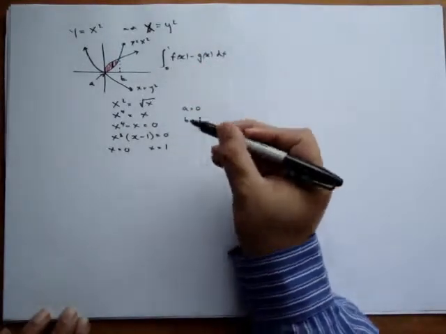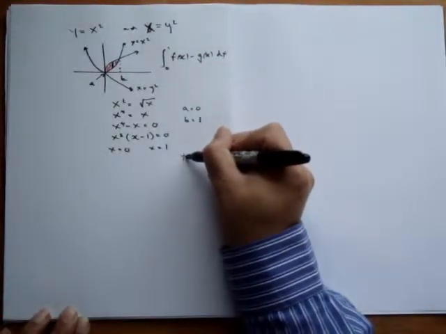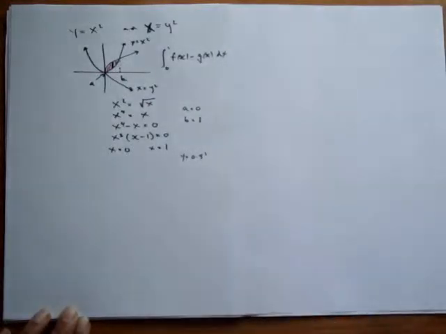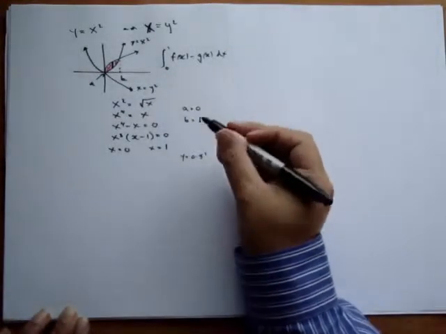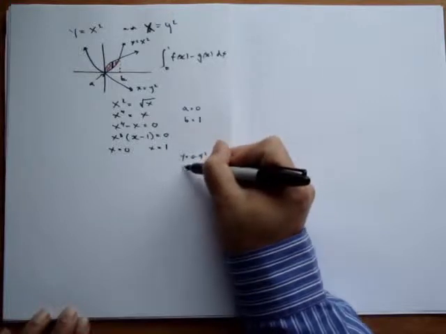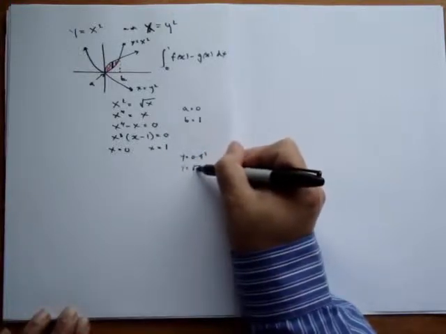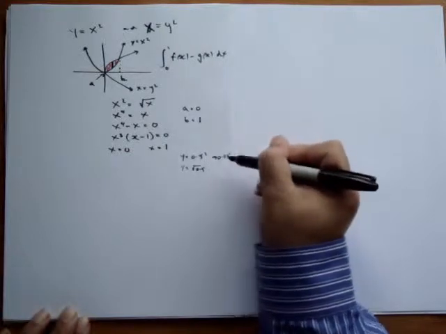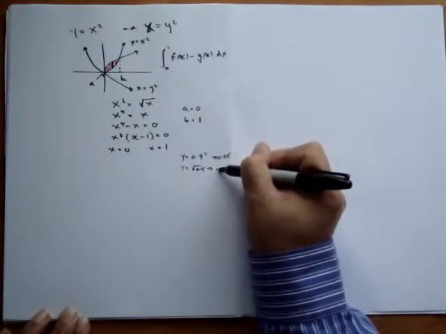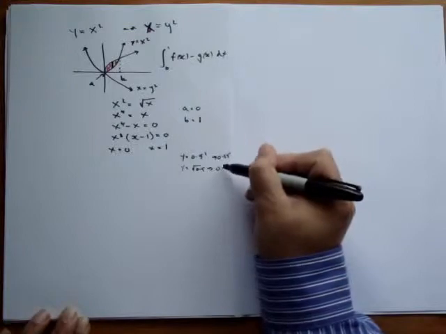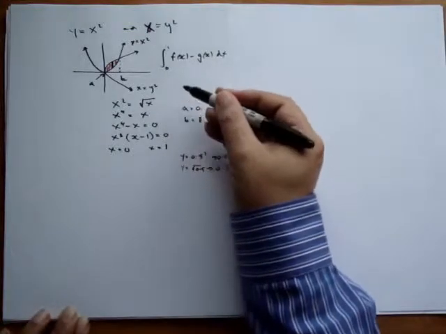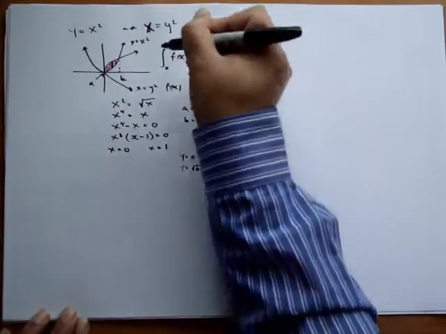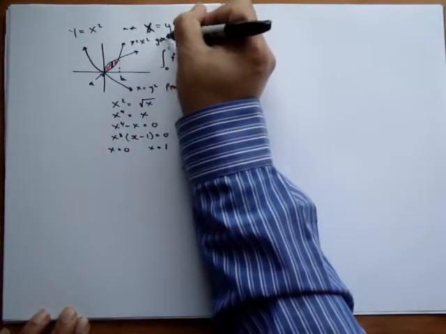So y equals x squared for 0.5, that would be 0.5 squared, and for this one it would be square root of 0.5. This works out as 0.25 and this works out as 0.7. So the higher value is x equals y squared. So this is our f of x and this is our g of x.